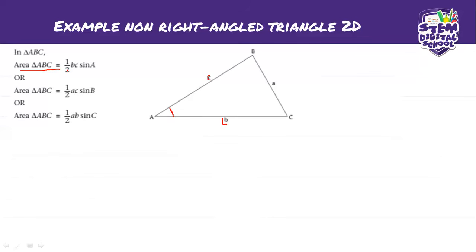Meaning you'll be having side c, also side b and this angle. So in that case, we are having 2 sides and 1 angle, and this angle is between those 2 sides, right?